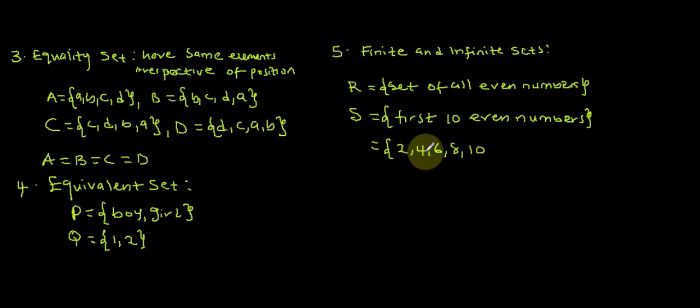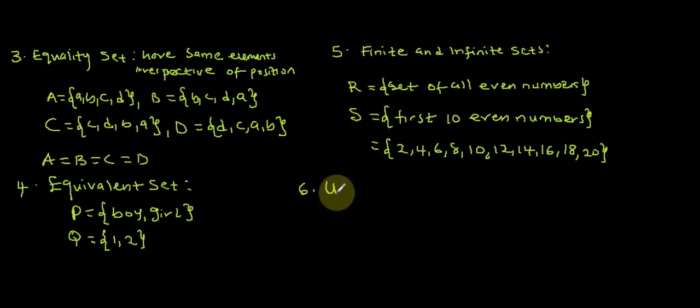We have listed 1, 2, 3, 4, 5. Then 12, 14, 16, 18. How many now? 1, 2, 3, 4, 5, 6, 7, 8, 9, and we have 20. So this is the first 10 even numbers we have. Now it has an end. That's an example of what? Finite set.